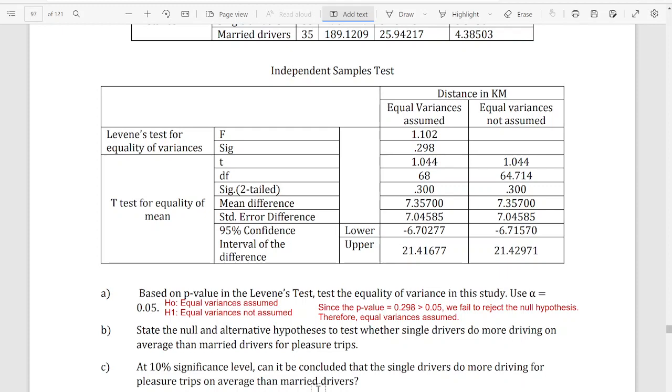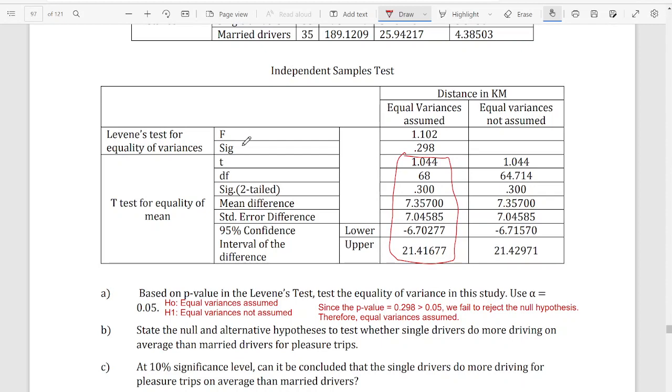So when we fail to reject the null hypothesis, we conclude that the equal variance assumed. So that means when you conclude the equal variance assumed, you have to look at the first column over here for the result in the t-test. Okay, so you tengok yang atas ni lah. So that means in this case, you have to look for this part. Okay, kita tengok bahagian ni lah. Okay, you have to look for this area. Okay, kita tengok yang bahagian ni.